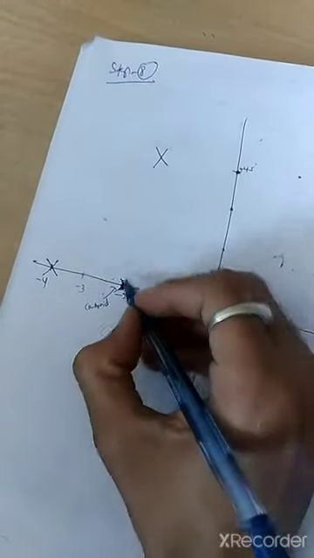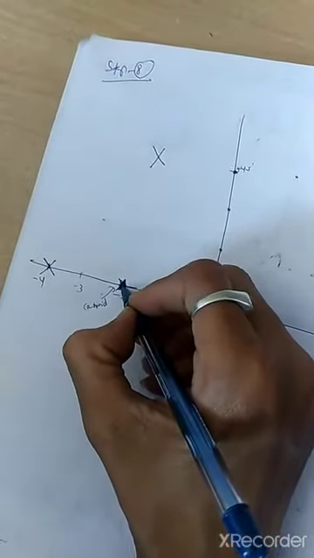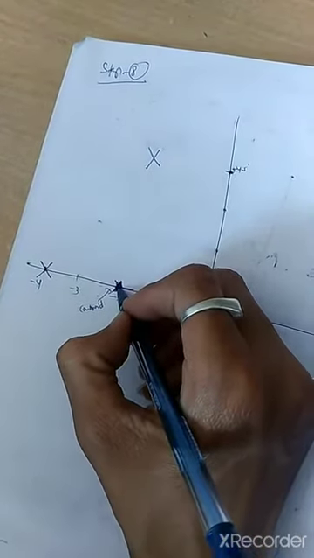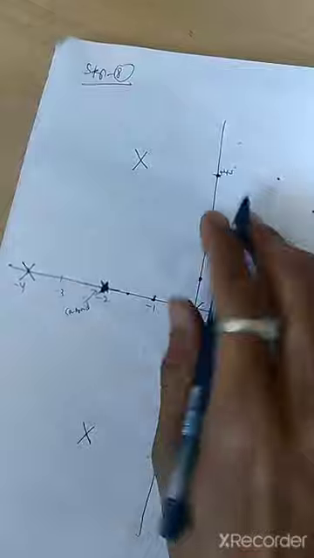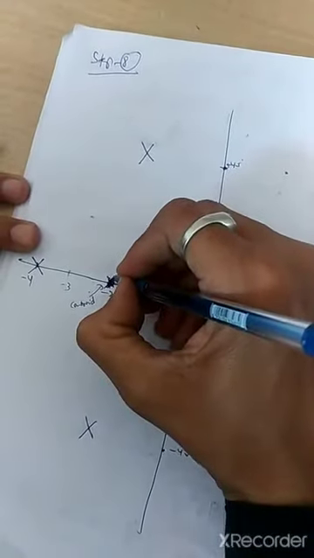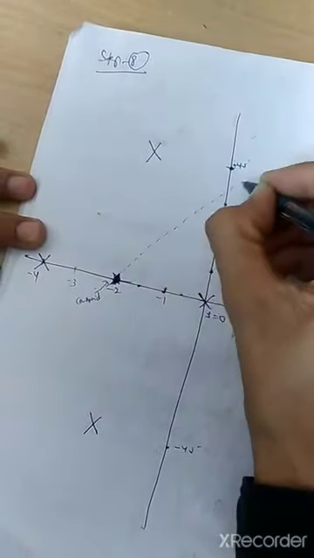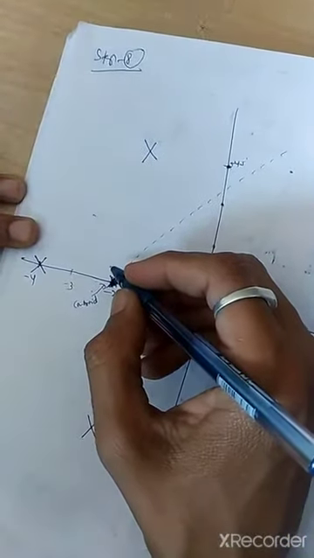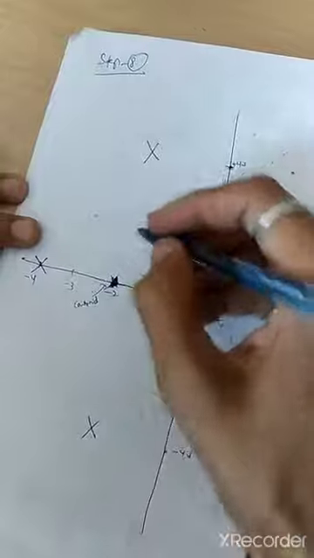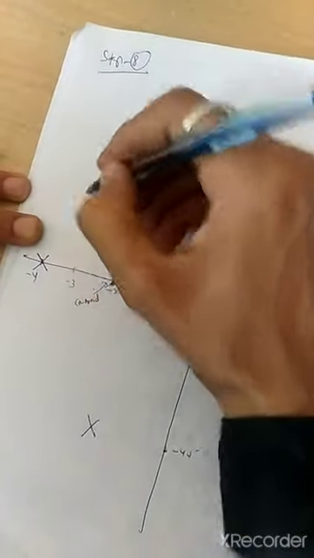Now with the help of the centroid, we have to draw all the angles of asymptote and draw dashed lines there. One is at 45 degree, like this one. Then one angle is 135 degree, like this one.